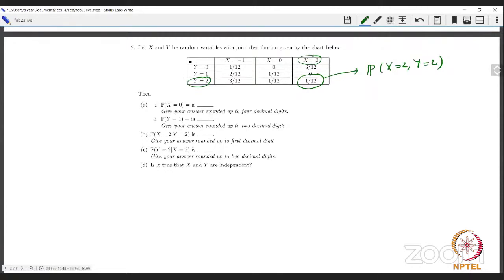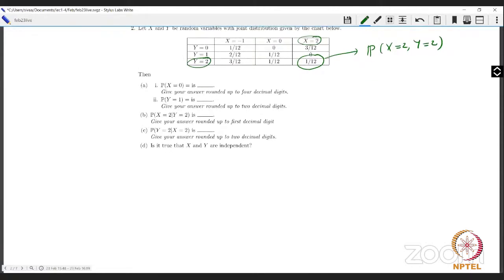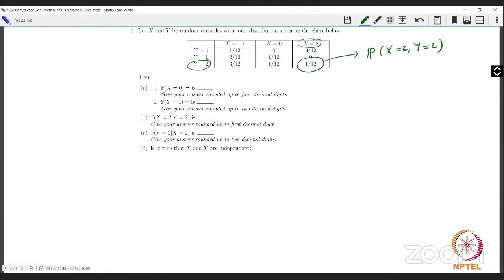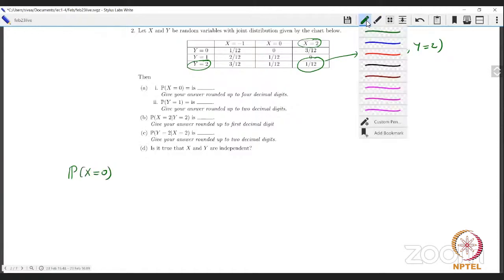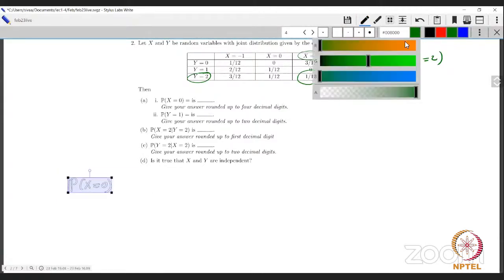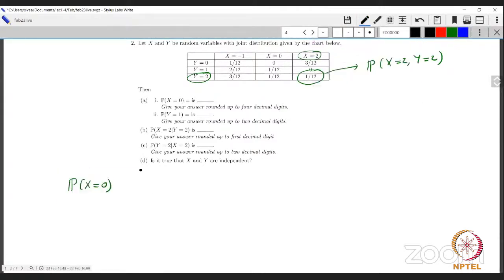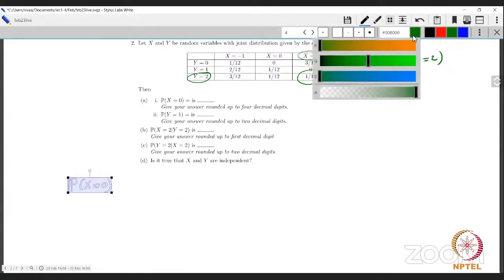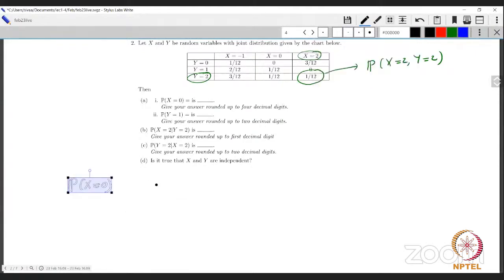So now, let's do a little bit of jugglery. Suppose I want to compute the chance that x is equal to 0. How would I do that?